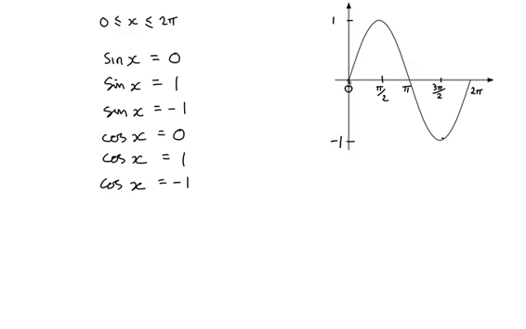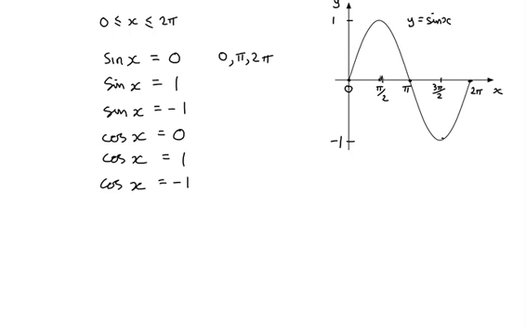So a height of 0 would occur for an angle of 0, pi, and 2 pi. So these three places on the graph, the height is 0. It's actually on the x-axis. There's x, there's y. This is y equals sine x graph. So 0, pi, 2 pi are the three solutions to this equation.